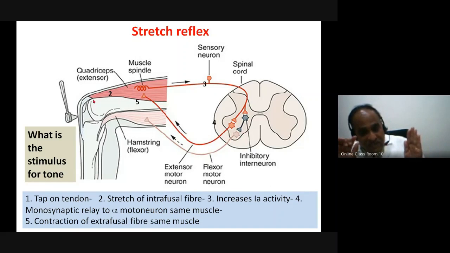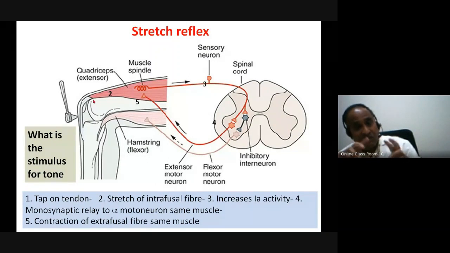In this 2.2 microns, the actin-myosin interactions are optimal. There will be a maximal interaction of the actin and myosin filaments, what are called cross bridges. This is called the resting length in situ.